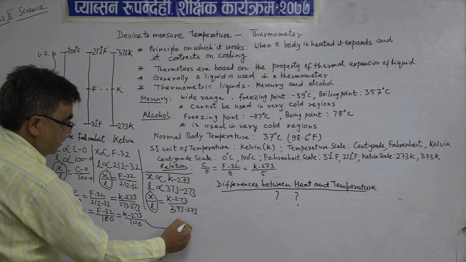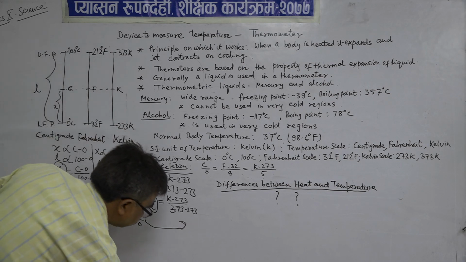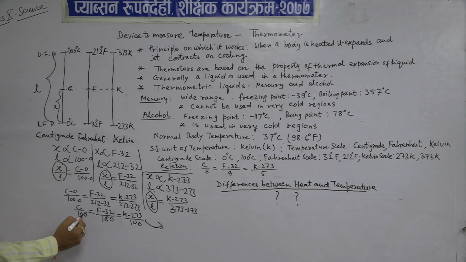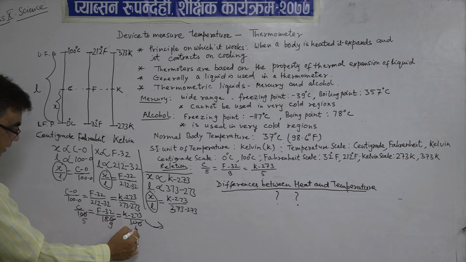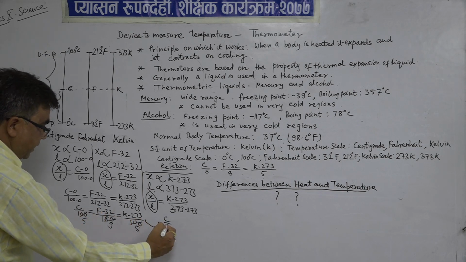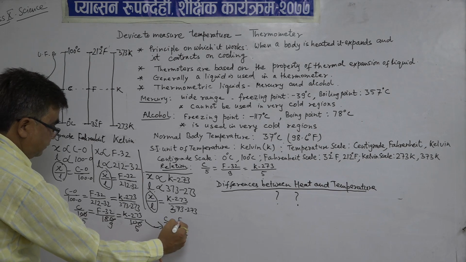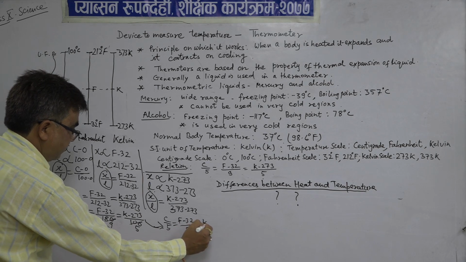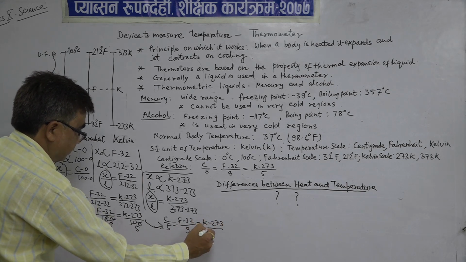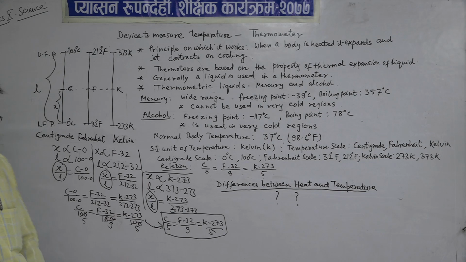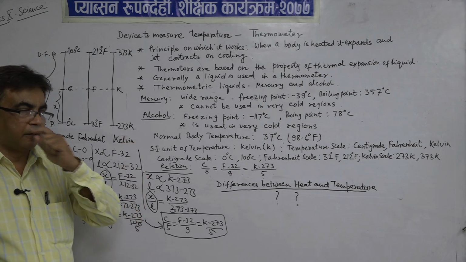And if you see this, 20 fives are 100, 20 nines are 180. So the relation now becomes C upon 5 equals F minus 32 upon 9 equals K minus 273 upon 5.